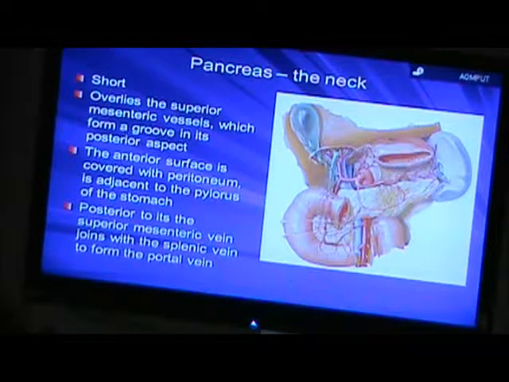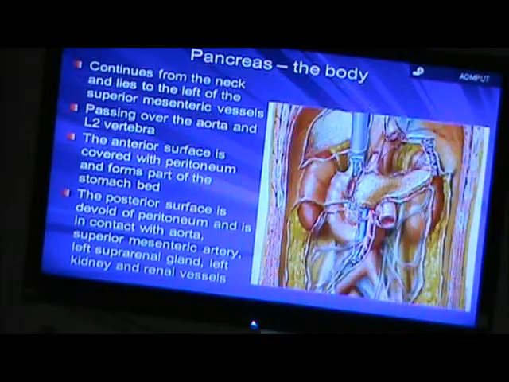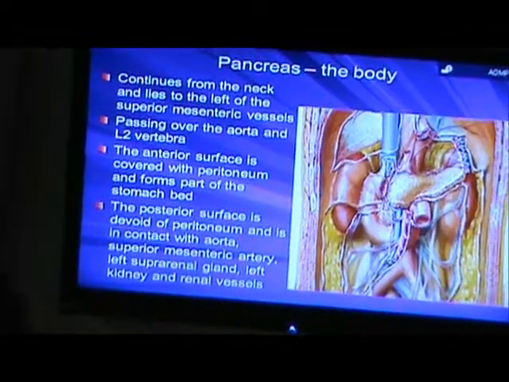This place is very important because here is the junction of the splenic vein with the superior mesenteric vein. And today we will see that the neck of the pancreas is removed to show us this junction between the superior mesenteric vein and the splenic vein. And they form the portal vein.